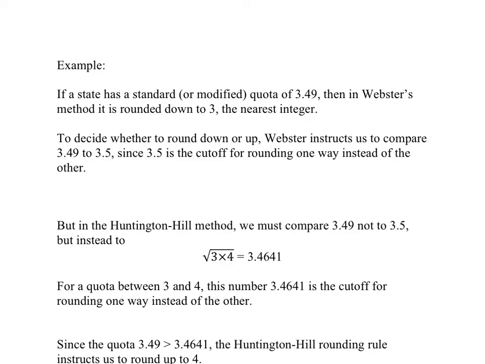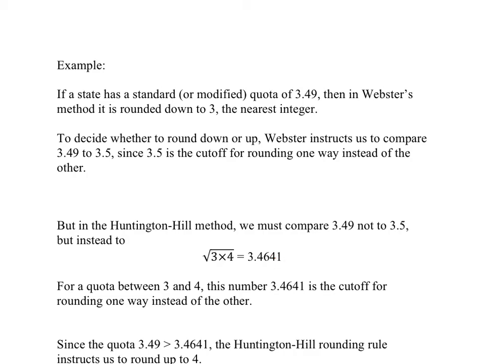By contrast, in the Huntington-Hill method, we compare 3.49 not to 3.5, but instead to the geometric mean of 3 and 4. We compare 3.49, our quota, to the square root of 3 times 4, and that happens to equal 3.4641. So Huntington-Hill says for any quota that's 3 point something, you compare it to 3.4641.